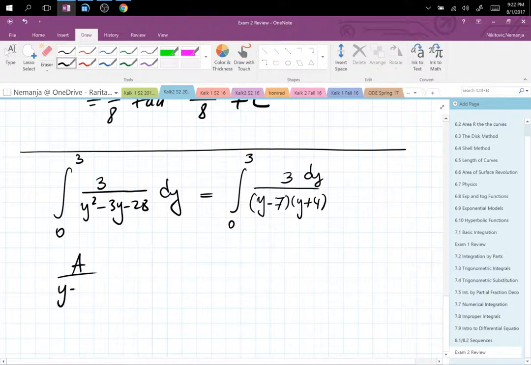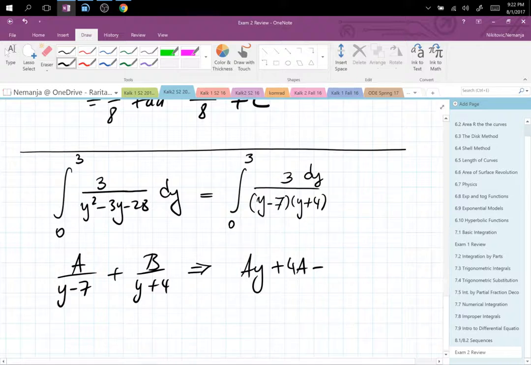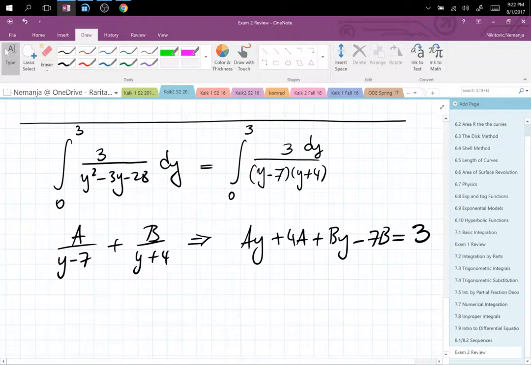A over y minus 7 plus b over y plus 4 is going to give us ay plus 4a plus by minus 7b equals 3. A plus b is 0. 4a minus 7b is 3.